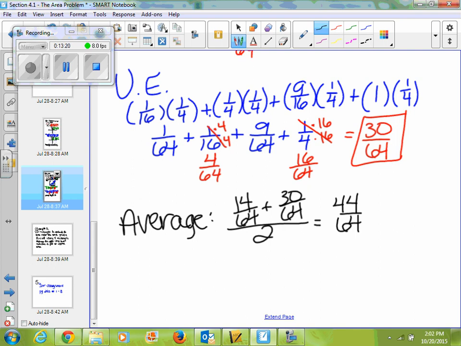And dividing by 2 is the same thing as multiplying by 1/2. So if I then multiply those two fractions, 44 times 1 is 44. 64 times 2 is 128. So the best estimate of the area under the curve would be 44 divided by 128.